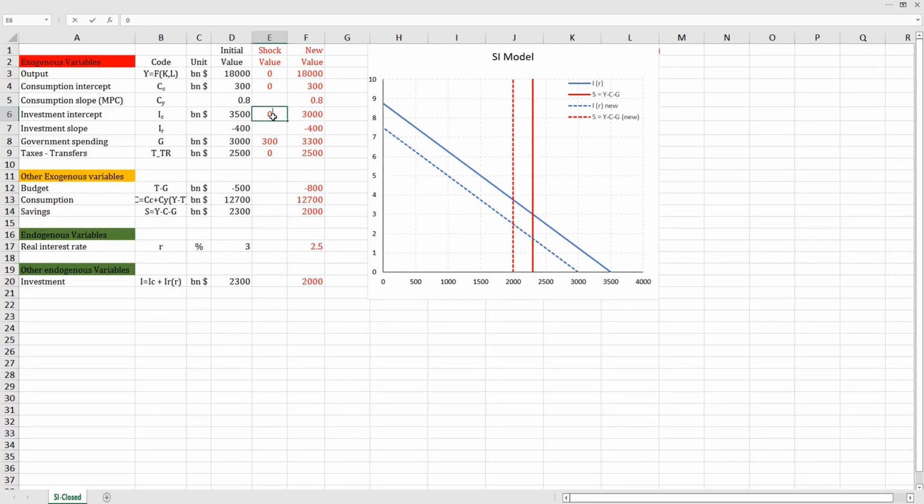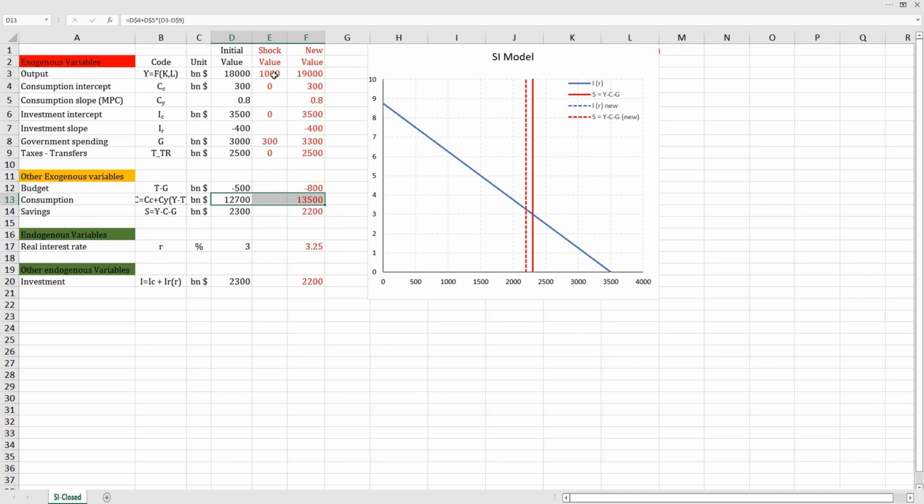Now let's say there is a positive shock of $1 trillion to output, either through technology or capital labor. You would expect the savings to go up, right? Because Y is going up. But notice here the government spending is still 300, and because Y has gone up, the consumption is going to go up as well by a factor of 0.8.